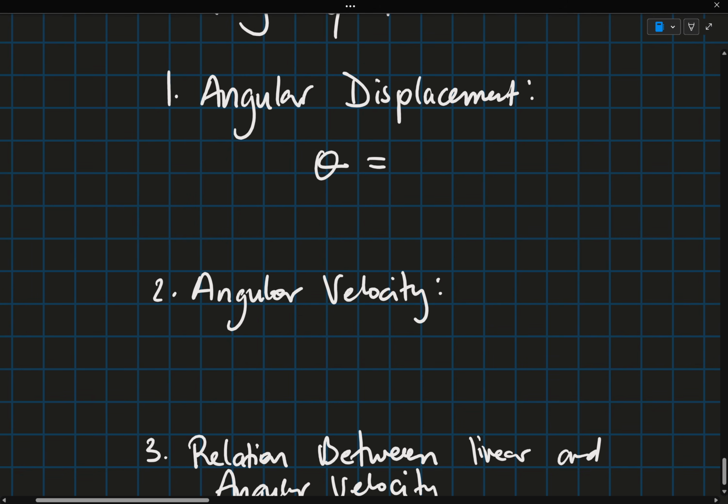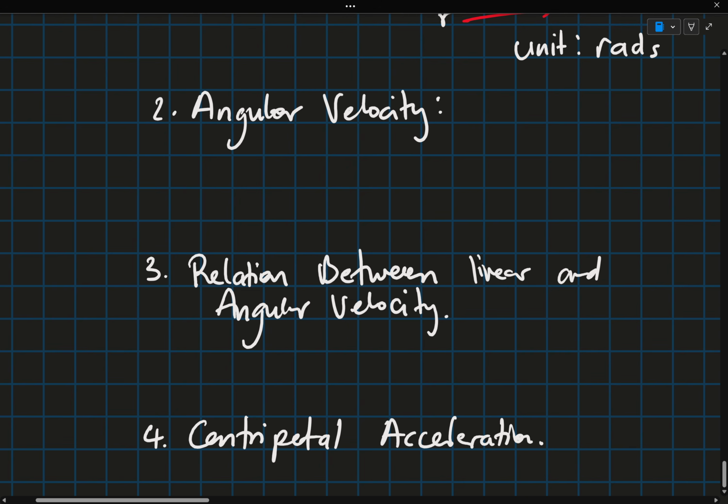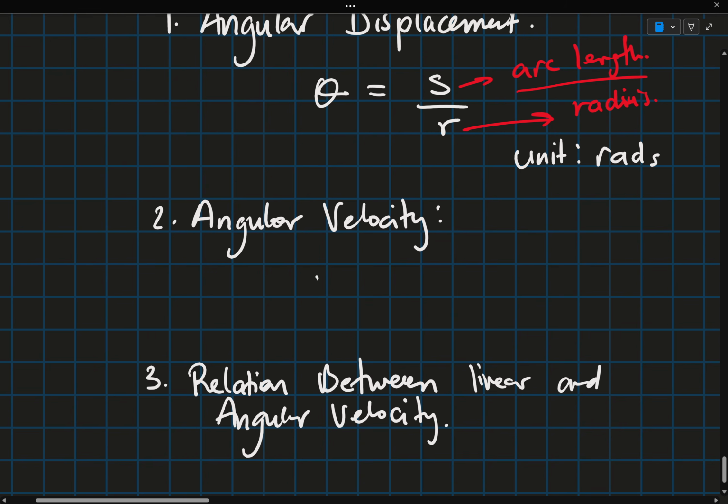What is the equation for angular velocity? Change in omega over time? All right, so we're saying the angular velocity omega is equal to what? The change in angular displacement over time. There's no omega over time.